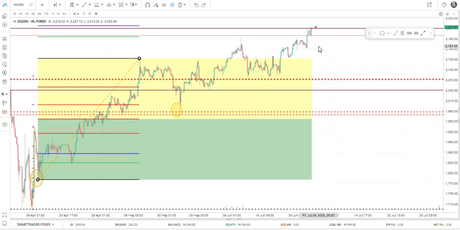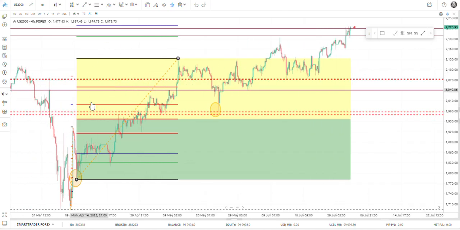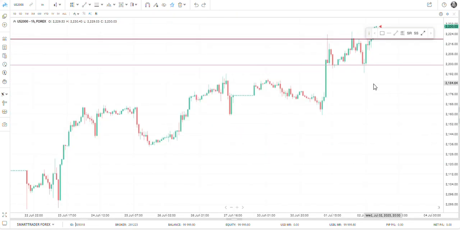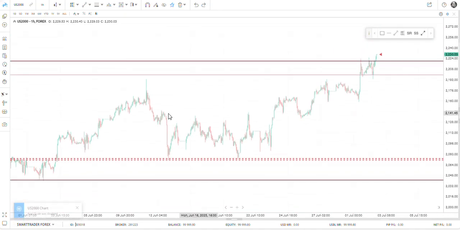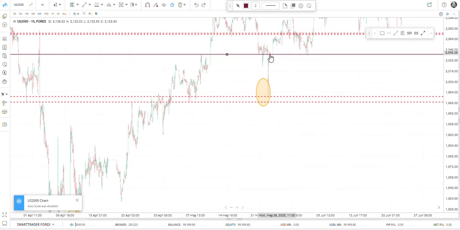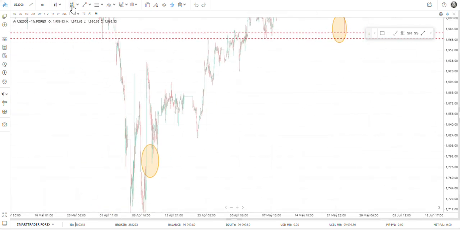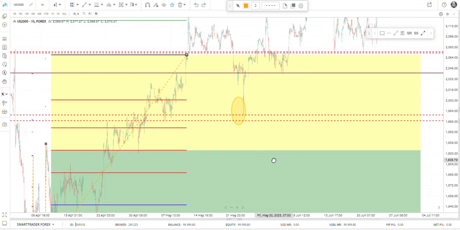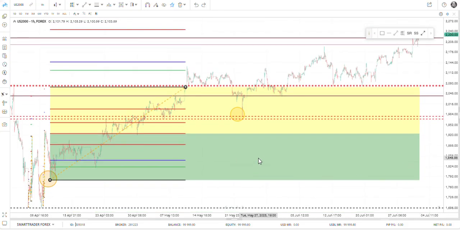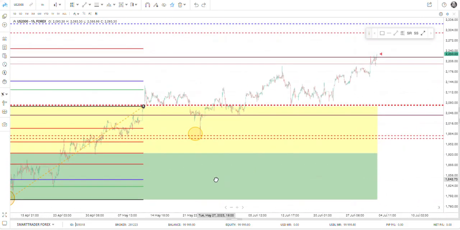Right, we got a 382 pullback, and that's where price is. So we're gonna go to our 1 hour. Keep mapping. I love this fib. I don't have to do it myself. All right, so this is our new AB boundary.